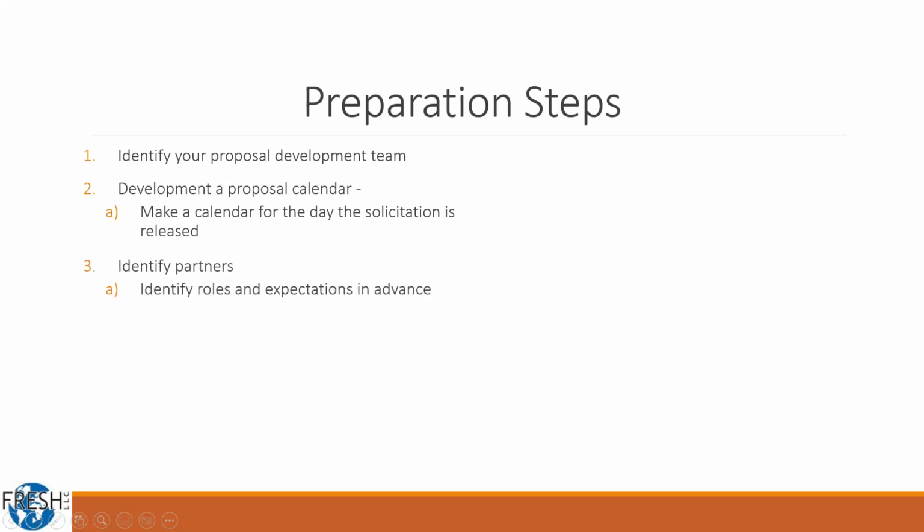Identify partners, and once you identify partners, identify the roles and the expectations in advance. Keep all documents available in the cloud for easy sharing. That's so important when you're developing your proposal.